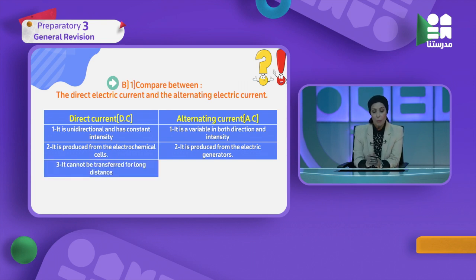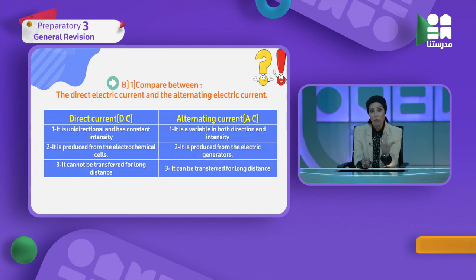What about transferring? The direct current, DC, cannot be transmitted for a long distance, only for a short distance. It comes from a battery, so it transmits electricity for a short distance. But the alternating one can transfer for both long and short distances.